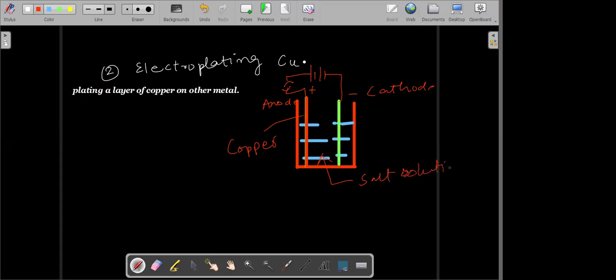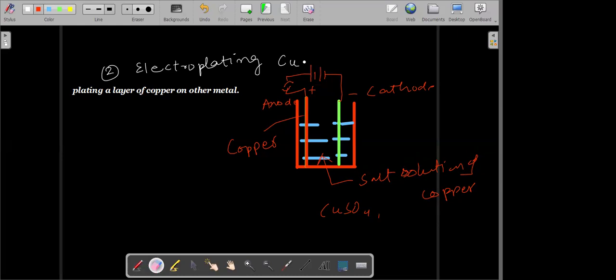It can be any salt solution of copper, like CuSO4, copper sulfate, or copper chloride. Copper chloride is generally not suitable over here. There are reasons why we don't use copper chloride. So we generally use copper sulfate as the solution. Got it?